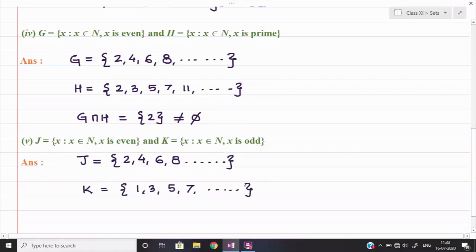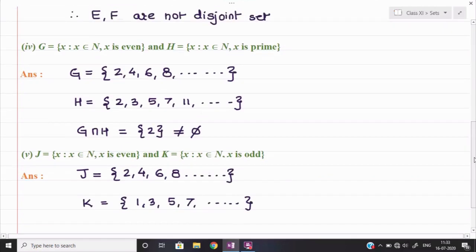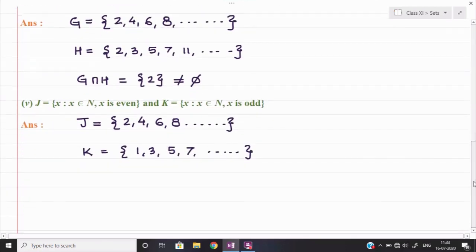Now we know that between odd and even numbers there is nothing common. In the case of prime numbers there can be one common element, because one number is even as well as prime. But here there is no common element between the sets J and K. The intersection is equal to the empty set. So we can say that J and K are disjoint sets.